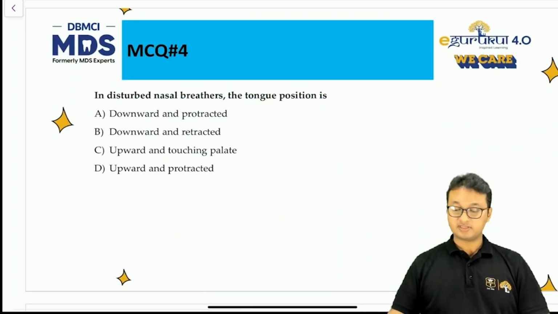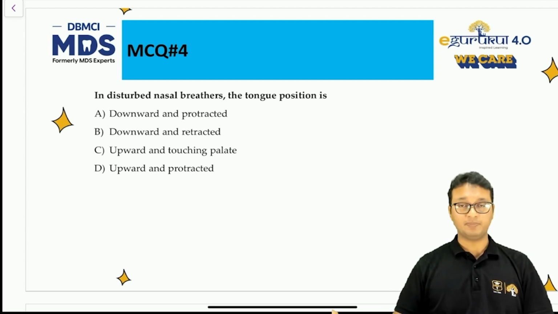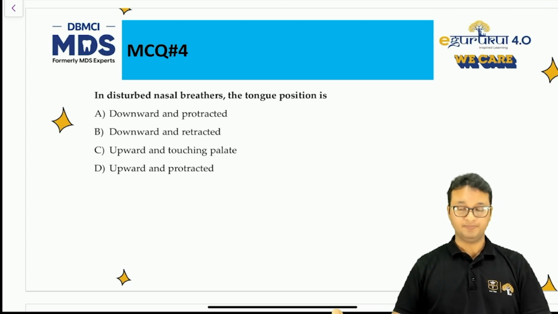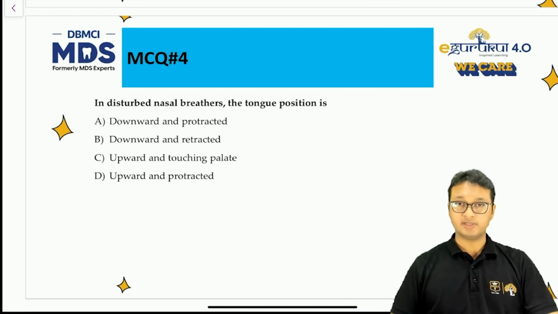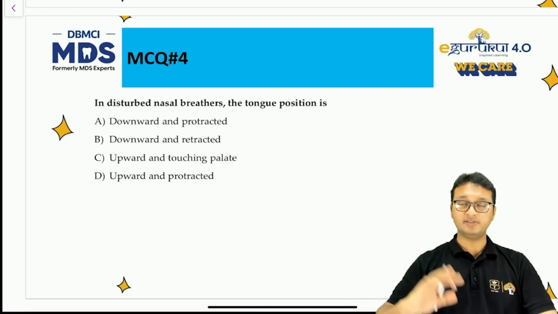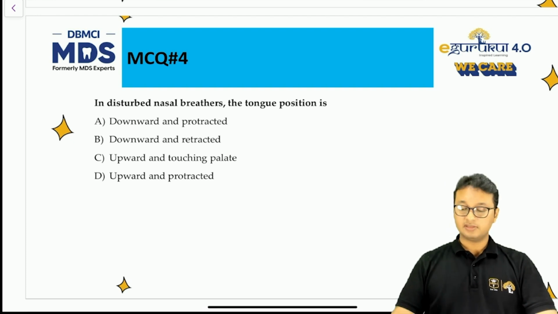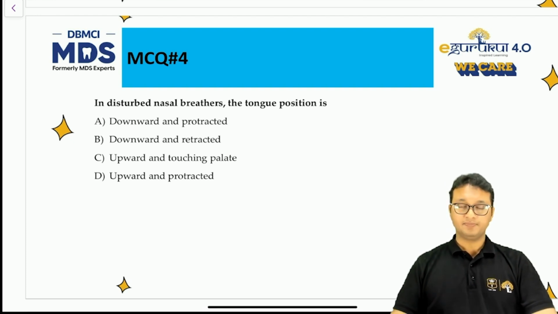Next is, in disturbed nasal breathers, the tongue position is. Now, disturbed nasal breathers, the question is hinting that the patient is originally a mouth breather. That's why it's called a disturbed nasal breather. Okay, so in patients having mouth breathing habit, you must have read in your lectures, in your colleges, as well as I have also mentioned in my previously recorded lectures, that in mouth breathing habit patients, buccinator mechanism is disturbed.